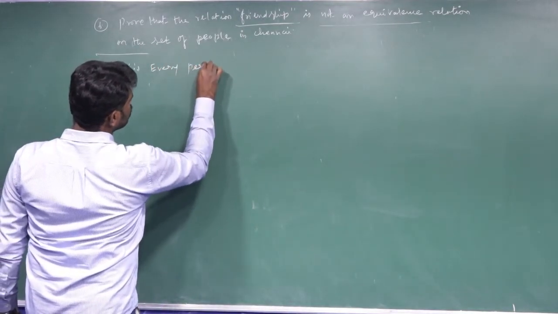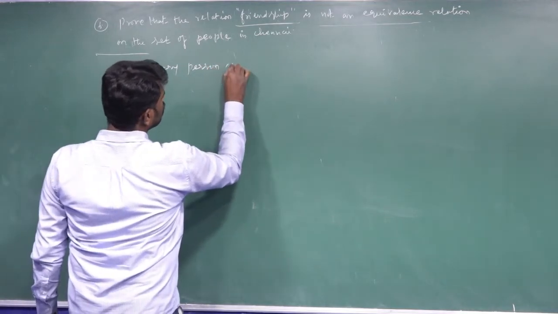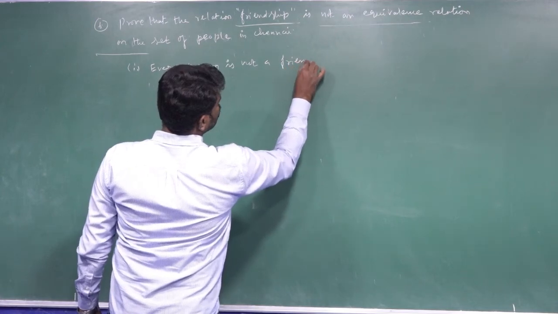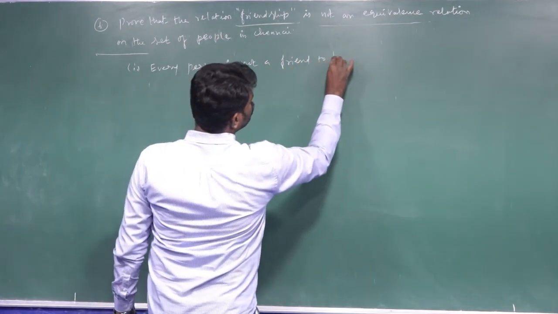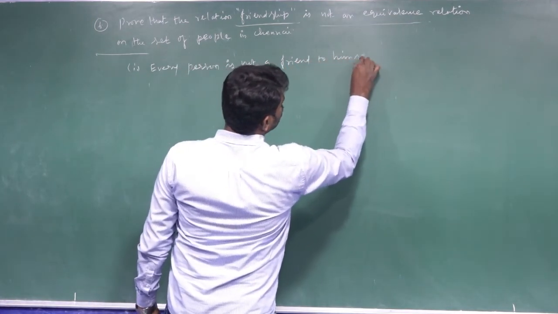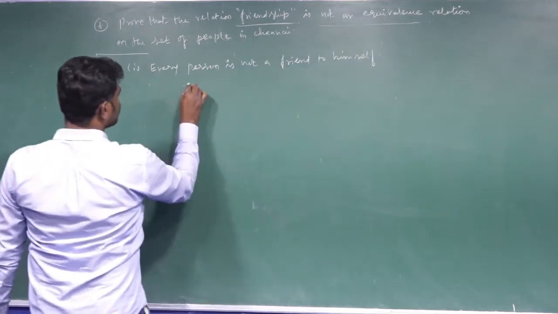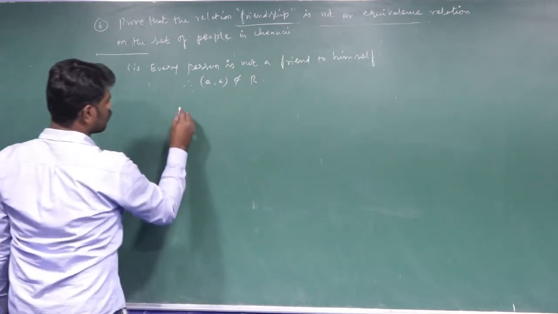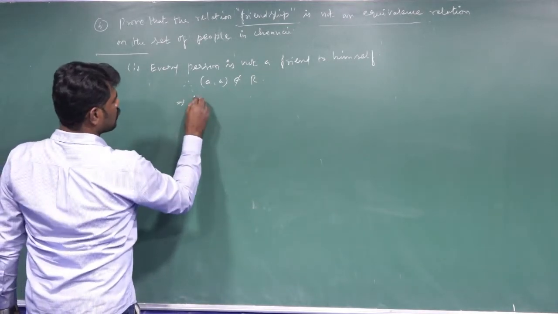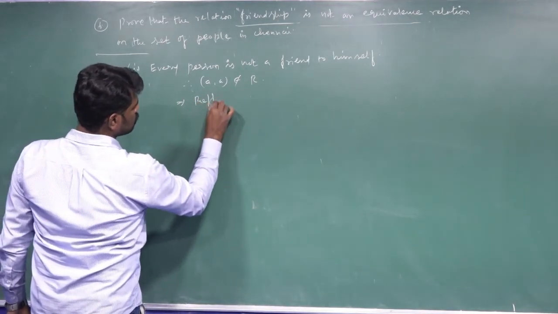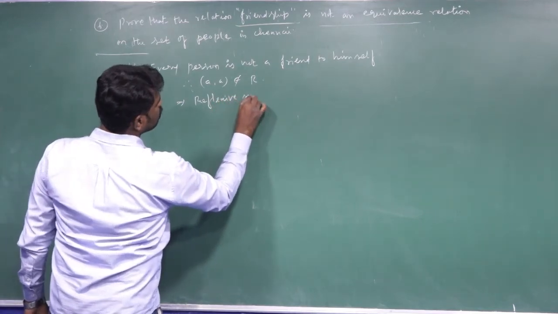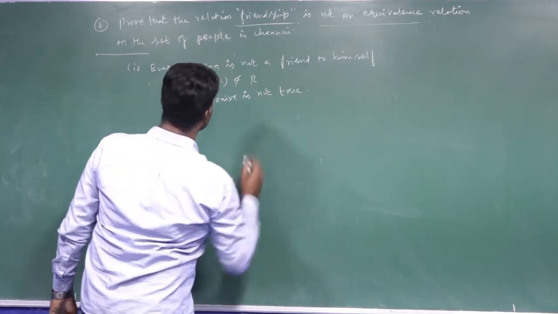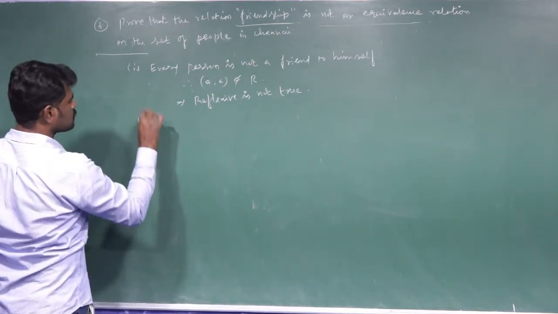Every person is not a friend to himself. So the pair A comma A does not belong to R. So reflexive is not true.